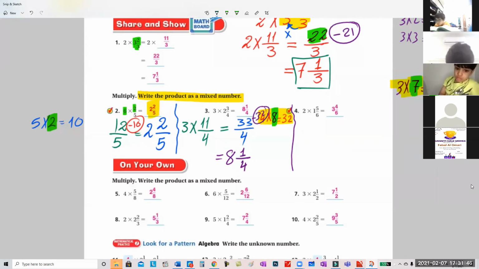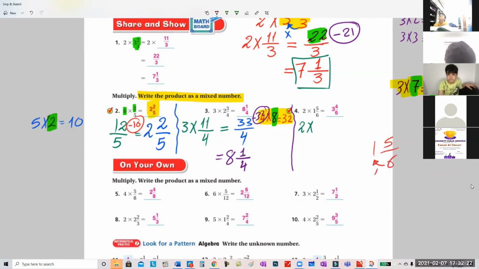2 multiplied by 1 and 5 over 6. Yes, we're going to use the clockwise method. So we have here 1 and 5 over 6.